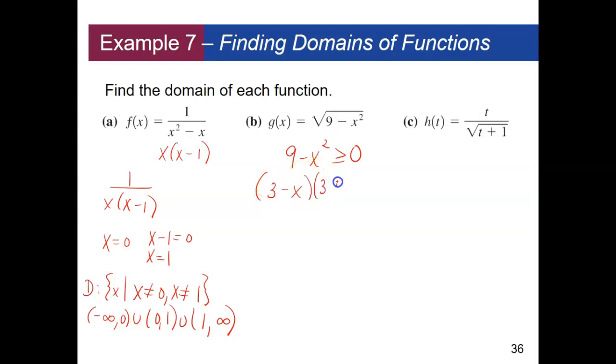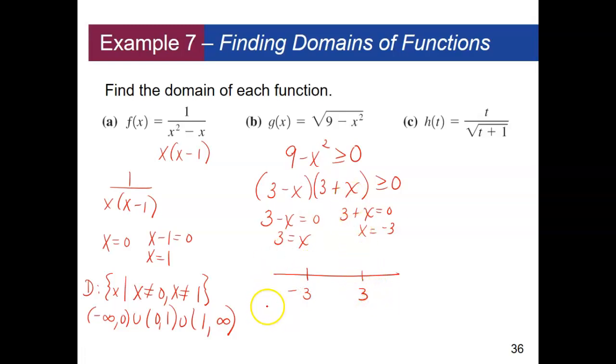And it factors as the difference of squares. So if you remember, when we have a quadratic inequality, we have to find our cut points. So we'll set each factor equal to 0. And we'll find that our two cut points are -3 and 3.